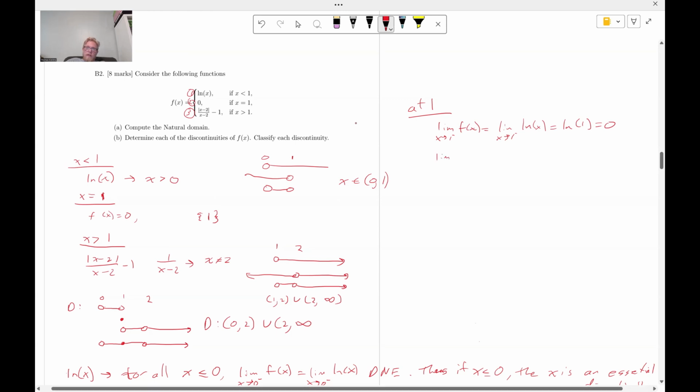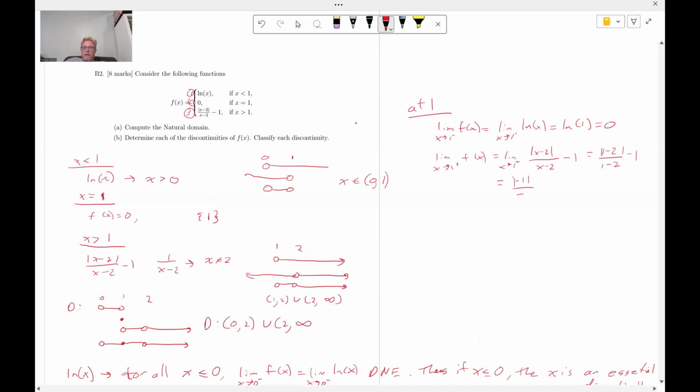The limit as x approaches 1 from the positive of f of x equals the absolute value of 1 minus 2 over 1 minus 2, minus 1, which equals the absolute value of minus 1 over minus 1, minus 1, or 1 over minus 1, minus 1, which equals minus 2.